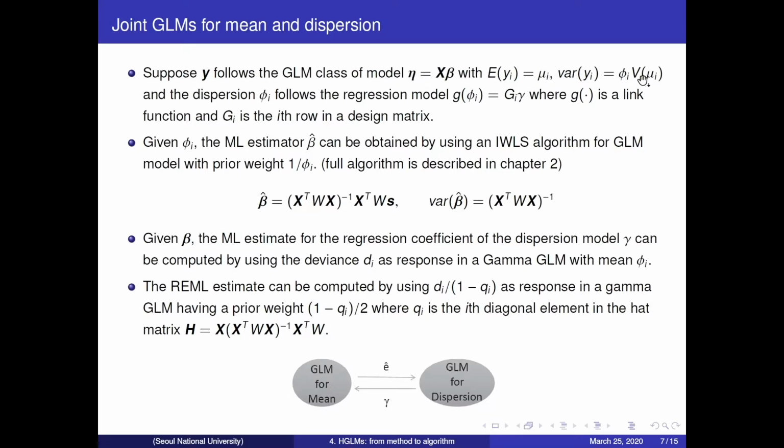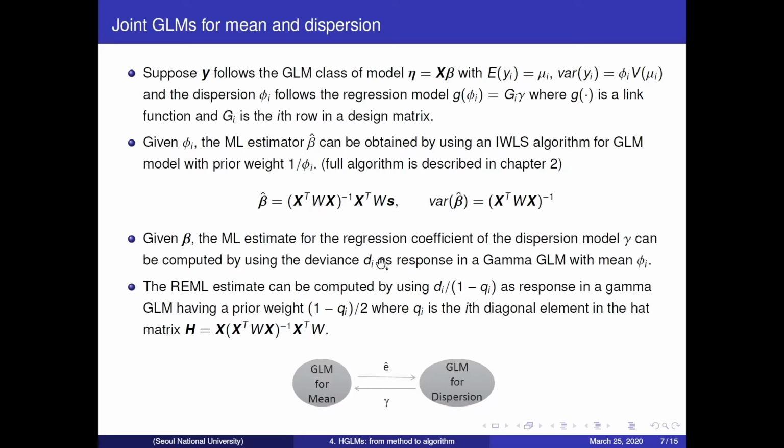And the dispersion Ci follows the regression model g(Ci) equals Gi gamma, where g is a link function and Gi is the ith row in the design matrix. Given Ci, the maximum likelihood estimator beta hat can be obtained by using the IWLS algorithm for the GLM with prior weight 1 divided by Ci. The full algorithm can be seen in chapter 2.